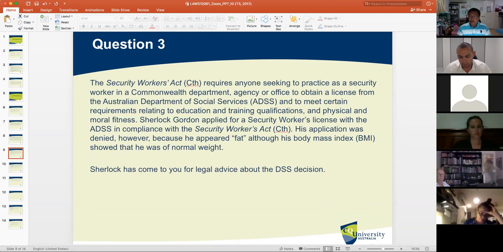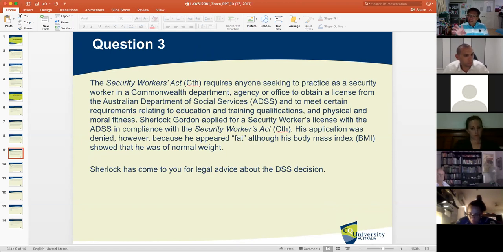You can base it, one, on Section 75(5) of the Constitution, which gives to the High Court original jurisdiction to issue writs of mandamus, prohibition, or injunction against an officer of the Commonwealth. So there's the question of whether or not a decision was made by an officer of the Commonwealth. That's the basic question there.